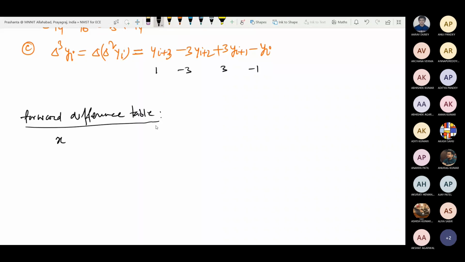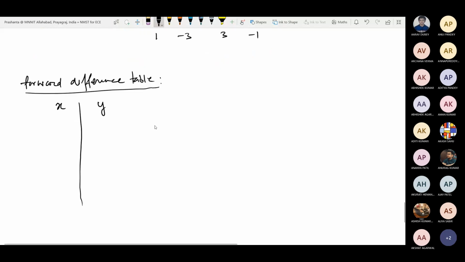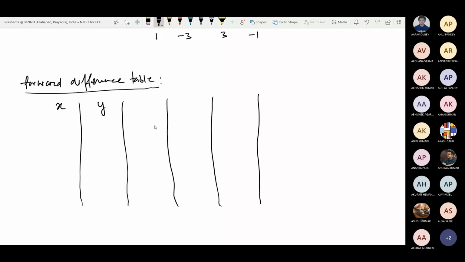So suppose, let us make the table simple. Suppose there are 5 data points. X, Y: input values, output values. Then first order forward difference, second order forward difference. The order will depend on the number of data points as well as the nature of the data points.